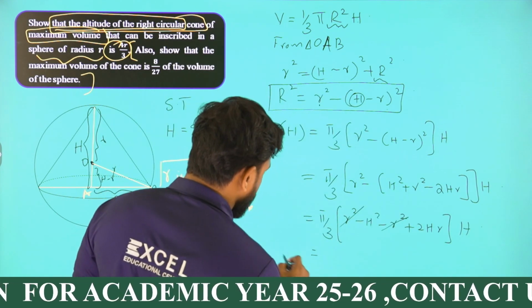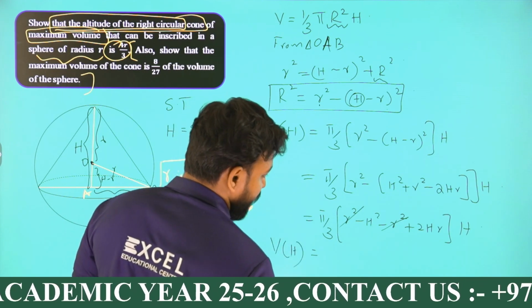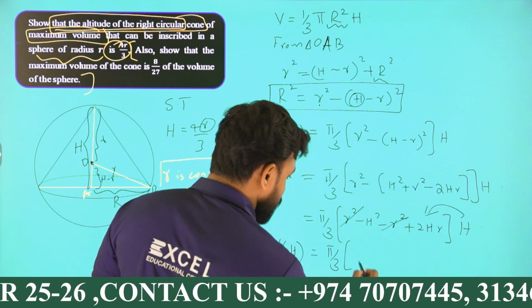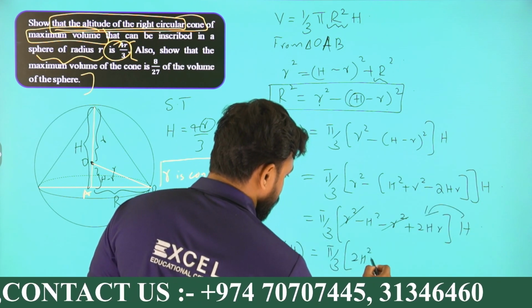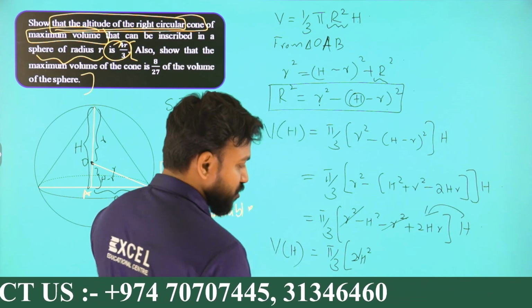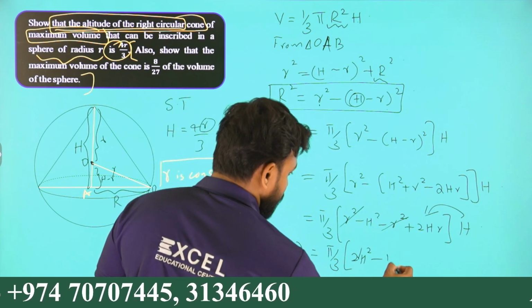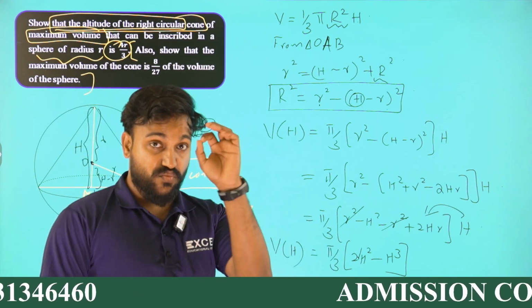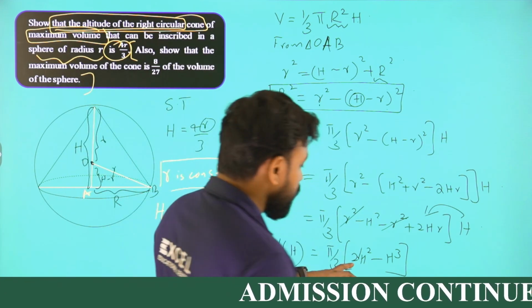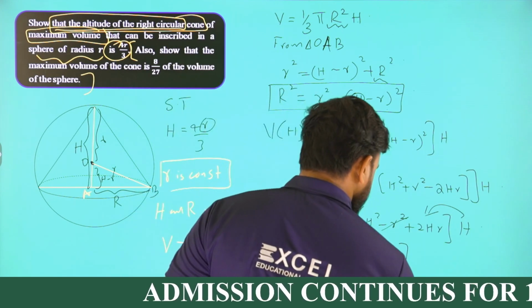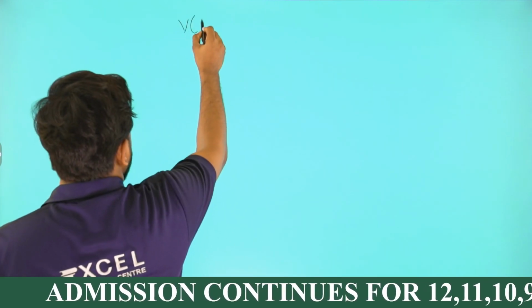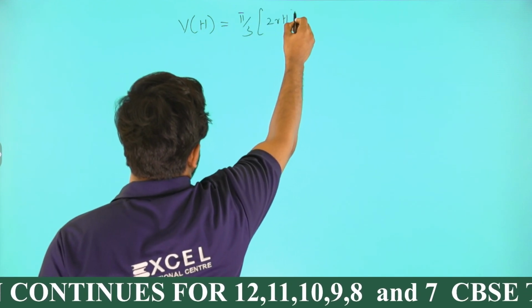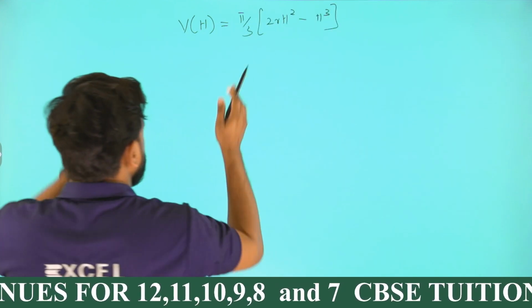Open the bracket with H, and you get the simplified form of V of H: pi by 3 times H into 2H square r, or I can write 2r H square because 2 and r are constant and H is the only variable, minus H cube. So this is the volume's equation in one variable: pi by 3, 2r H square minus H cube. So this is what we need to maximize.